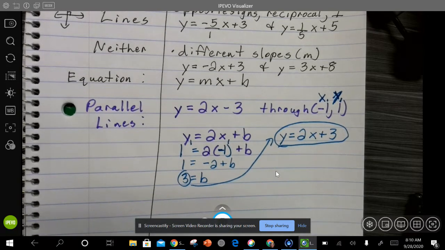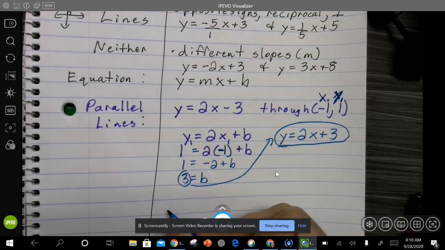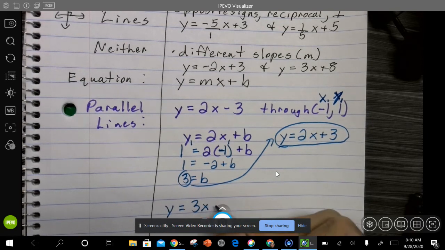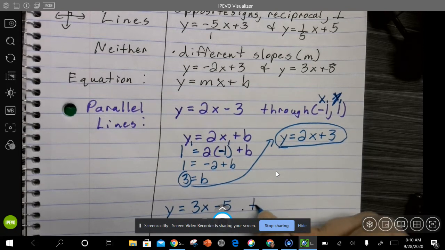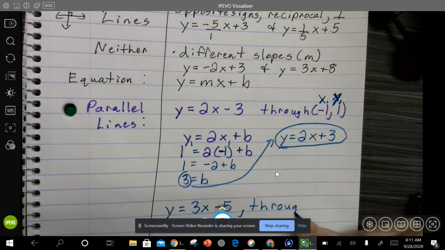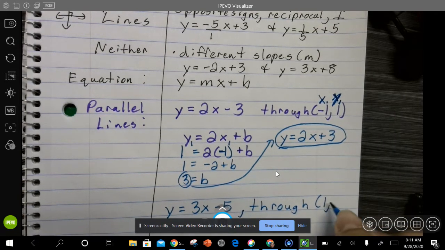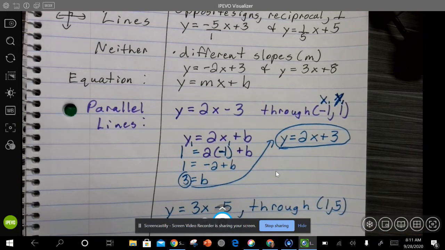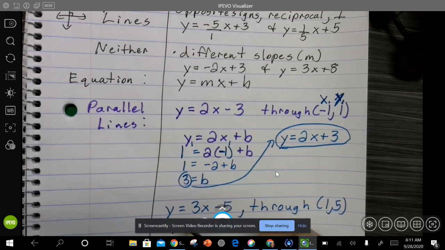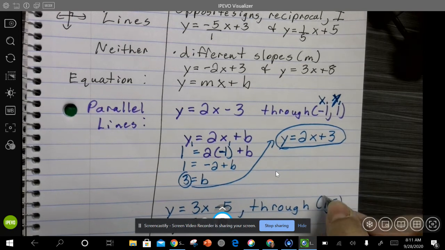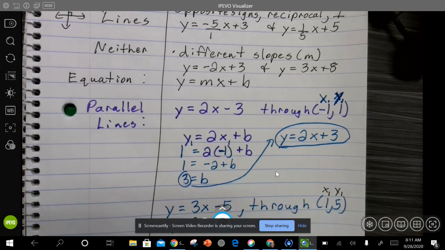Okay, let's do another example. So we have y is equal to 3x minus 5, and we need to write a line that's parallel through the point 1, 5. So I'm going to put y, same slope, so 3x plus b. Remember, this is going to be x1, y1, so we substitute those in.